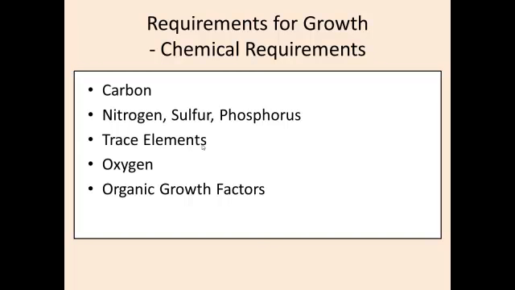Well, they can't make their own steroids very well. So when you feed them in a lab, you have to provide a lot of cholesterol for them. They just have to have cholesterol, otherwise they won't grow. This would be considered an organic growth factor for them.